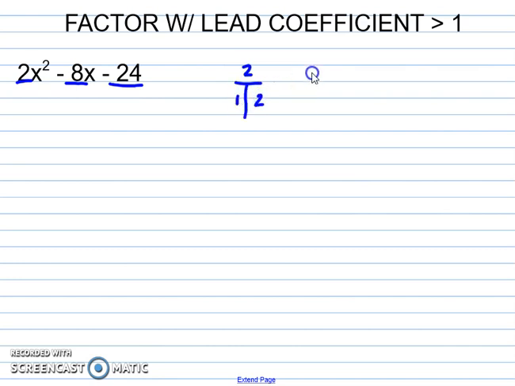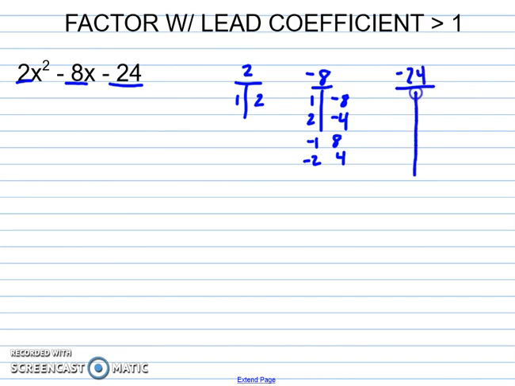So 2 is 1 times 2, negative 8. You're going to have 1 times negative 8. You're going to have 2 times negative 4. And of course, we could flip those signs as well. We could have negative 1 and 8. We could have negative 2 times 4. Okay, and then we have negative 24.